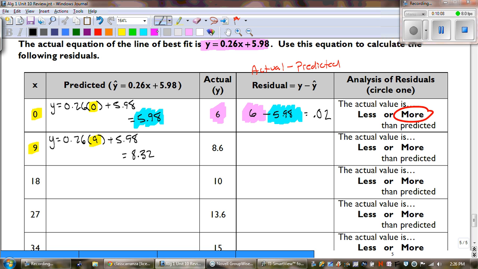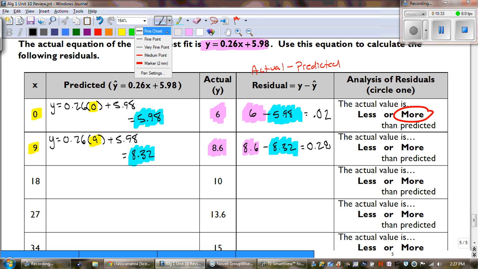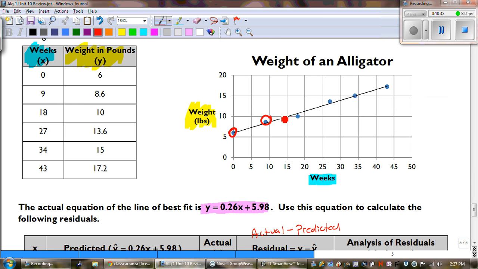Okay, so we take the 8.6 and we're going to subtract 8.32. So once again, I'm taking our actual and subtracting the predicted. And we got 0.28. And is that more or is that less? You tell me what it is. Yeah, that's more. Okay. And once again, you can see that, hey, I got more.